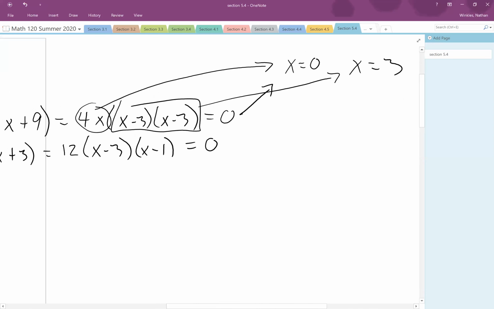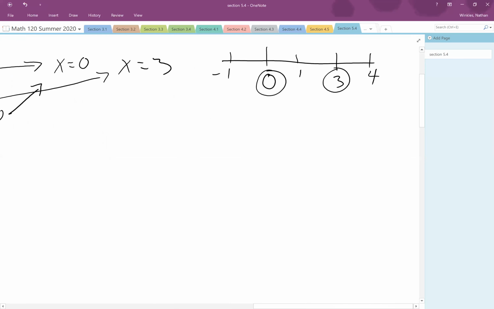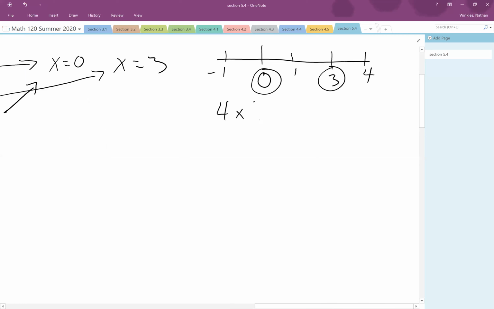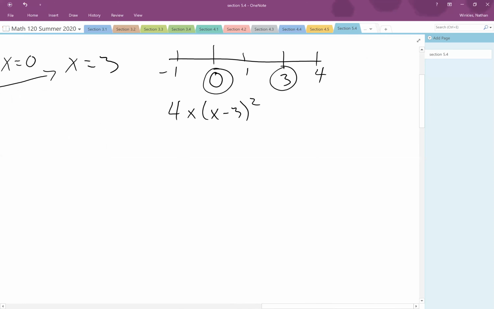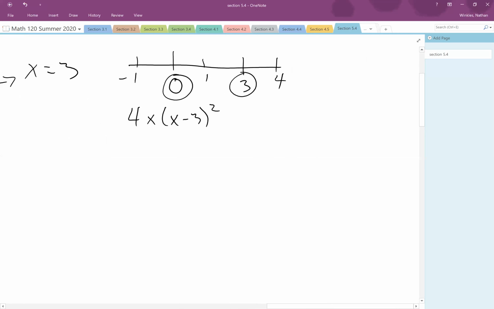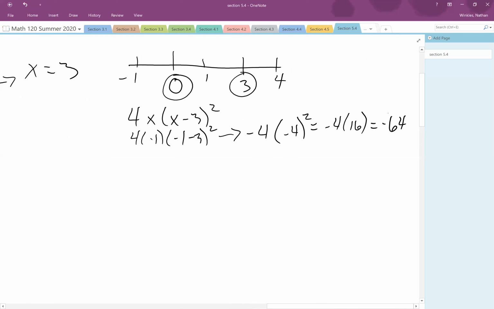If we use the shortened form of our derivative, 4x times (x minus 3) squared, we plug these values in. When we plug in -1, 4 times -1 times (-1 minus 3) squared, we get -4 times (-4) squared, so -4 times 16 is -64. We get a negative.